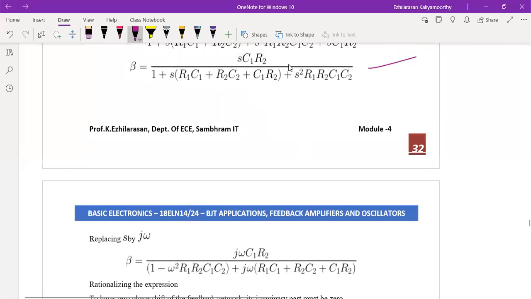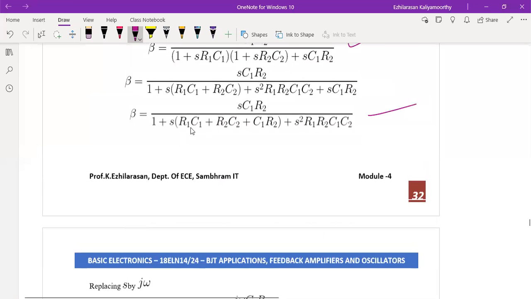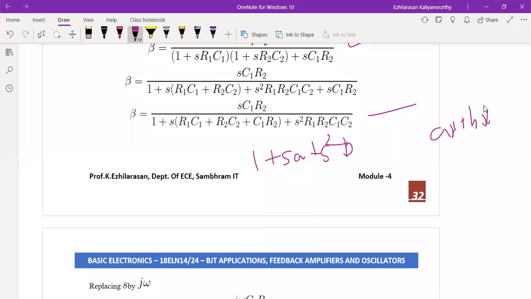After simplifying, this is in the form of the expression you might have written, you remember, 1 plus s a, then 1 plus s square b, or ax plus bx square plus c is equal to 0.